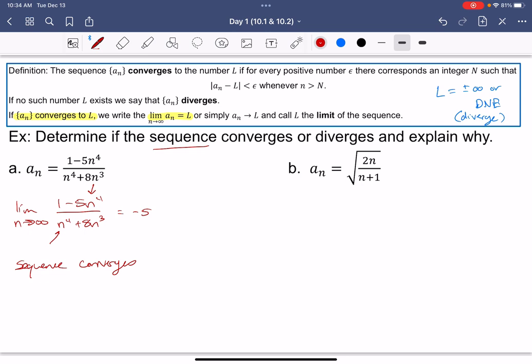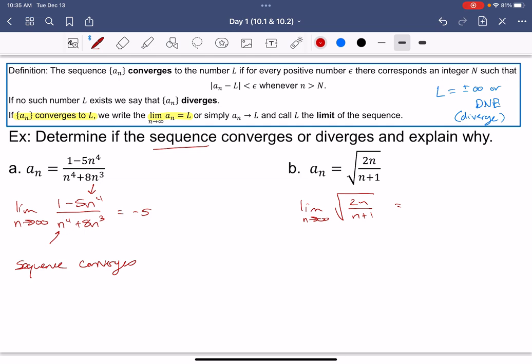A sub n is the square root of 2n over n plus 1. So once again, if I go to take the infinite limit of the square root of 2n over n plus 1, the highest power on top and bottom is exactly the same. They both have an n. So if you use the ratio of coefficients, that's going to give you an answer of 2.